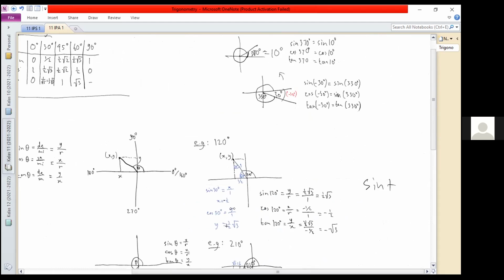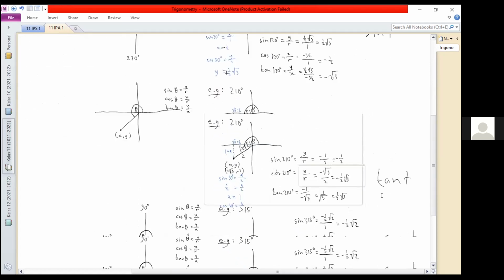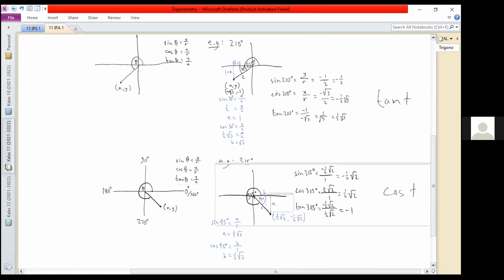In the second quadrant, only sine is positive, both cosine and tangent are negative. In the third quadrant, only the tangent is positive, the sine and cosine are negative, and for the fourth quadrant, only cosine is positive, the other ones are negative.